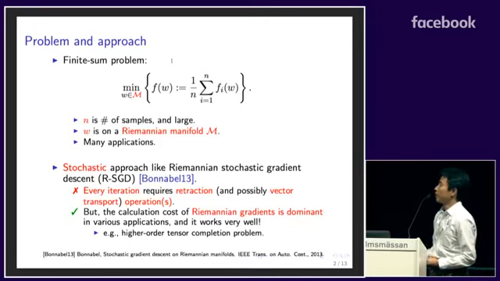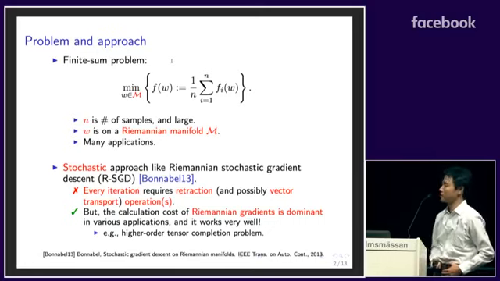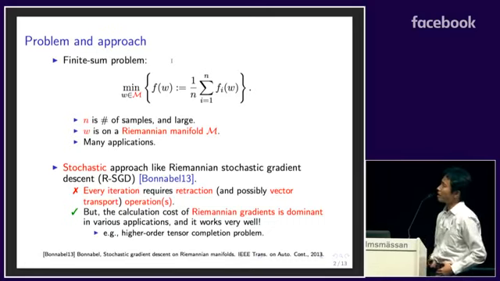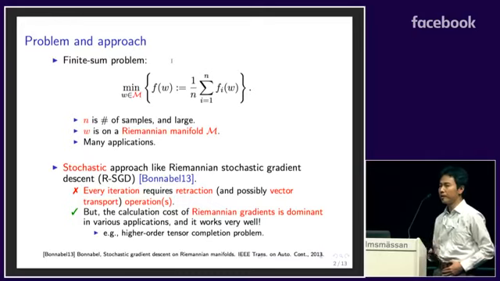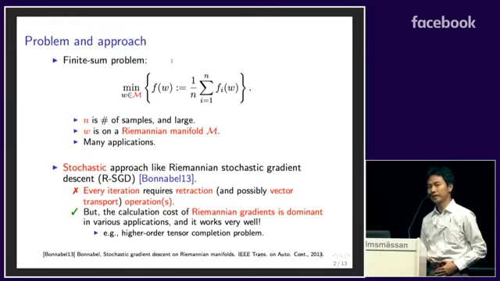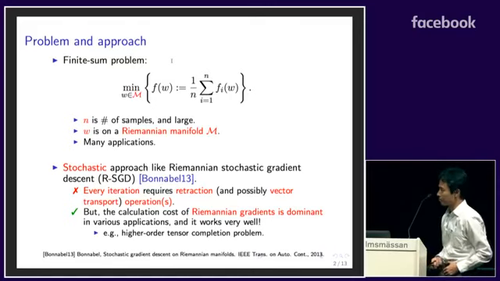Here, we consider the stochastic approach like Riemannian stochastic gradient descent, RSGD. This approach seems to be not a good idea because we require retraction and vector transport operations every iteration.